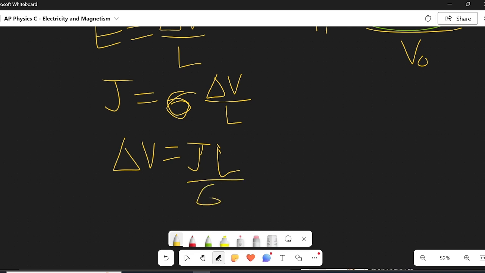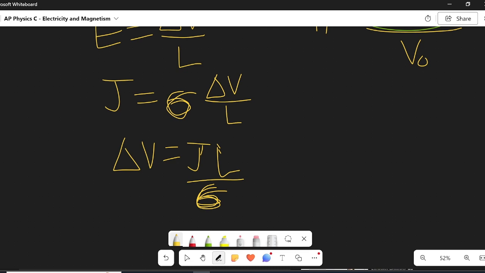That's a very sloppy drawing of the rho, but the current density times the length of the actual wire divided by electric conductivity will be equal to the delta potential.